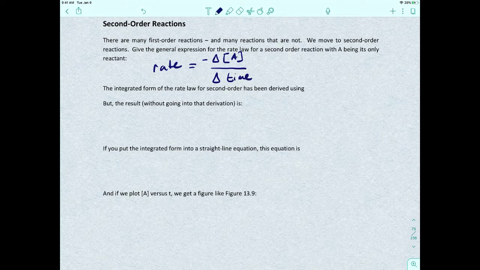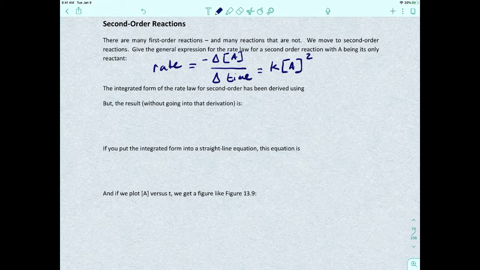That's what we talked about at the very beginning of this unit. If we write a rate law, this would be equal to k, the rate constant, times the concentration of A. Because we know it's second order, the exponent is going to be 2, so the concentration squared.